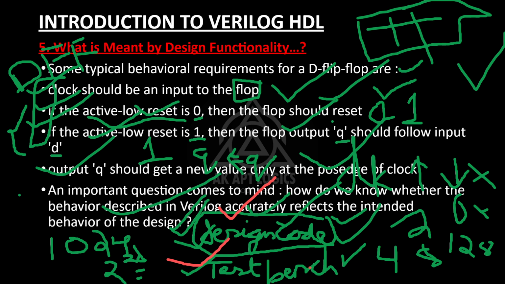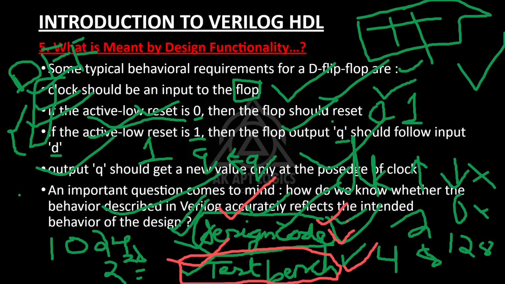And TB is not synthesizable because we don't need TB to be synthesized, right? We just need TB to apply the input vectors or the test cases to the design code. Our actual aim is to convert this design code into the schematic.